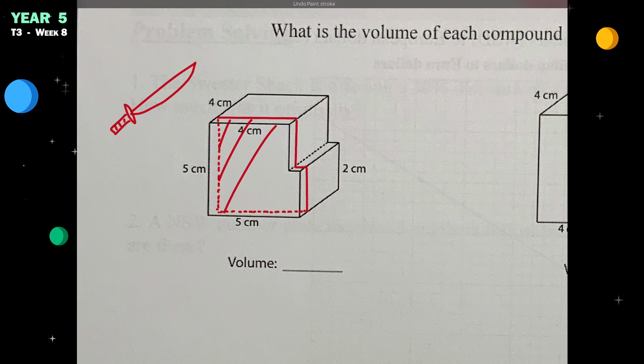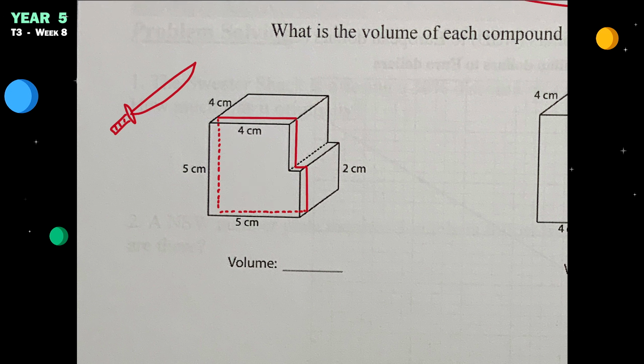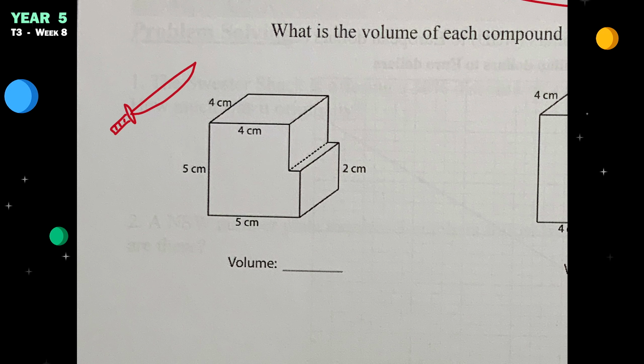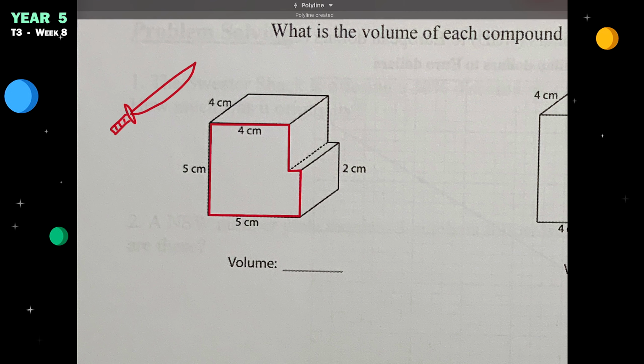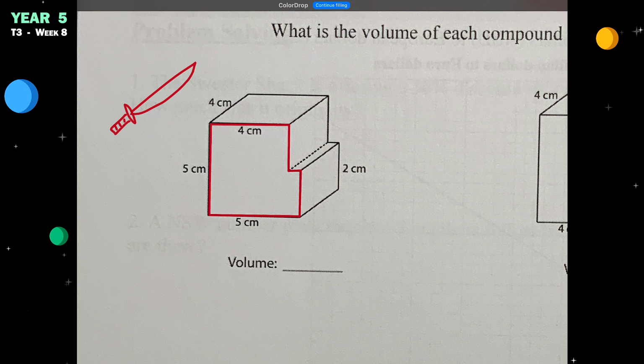So this face here is my cross-section area.